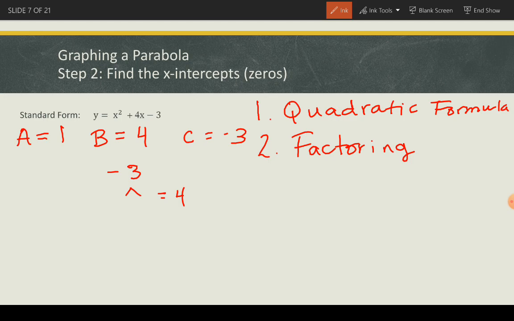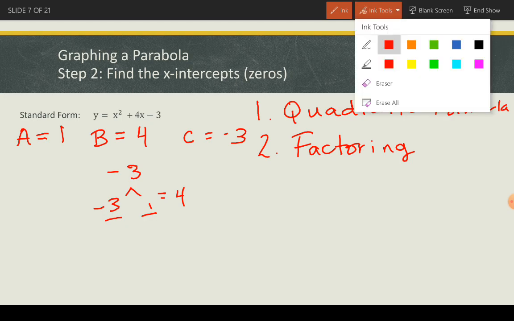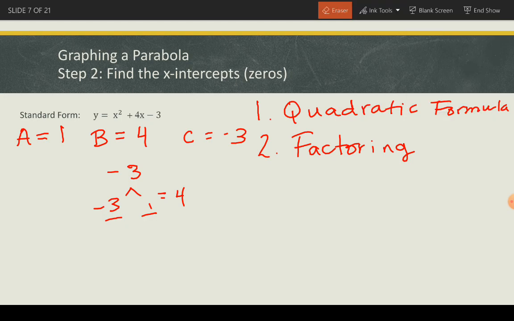If we choose negative 3 and 1, that does give us negative 3, but it adds to negative 2. And even if I make my 1 negative, I get negative 3, but then it adds to 2. So in this case, we do indeed need to use the quadratic formula.